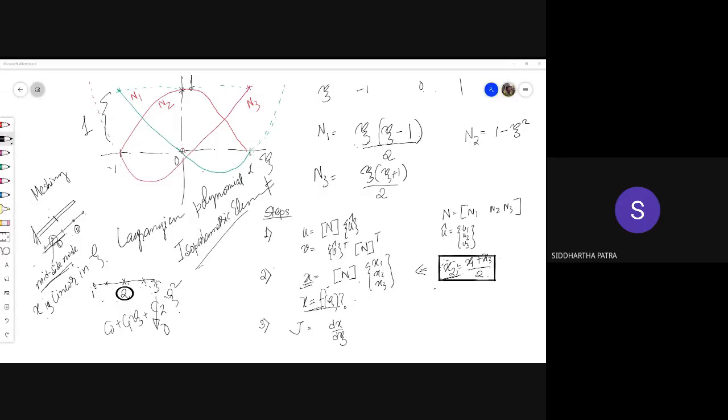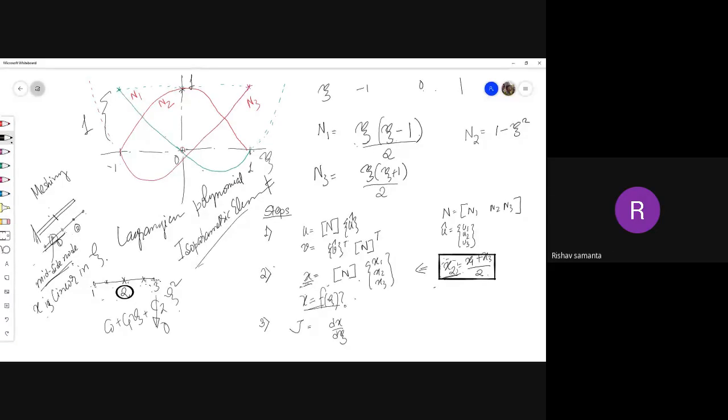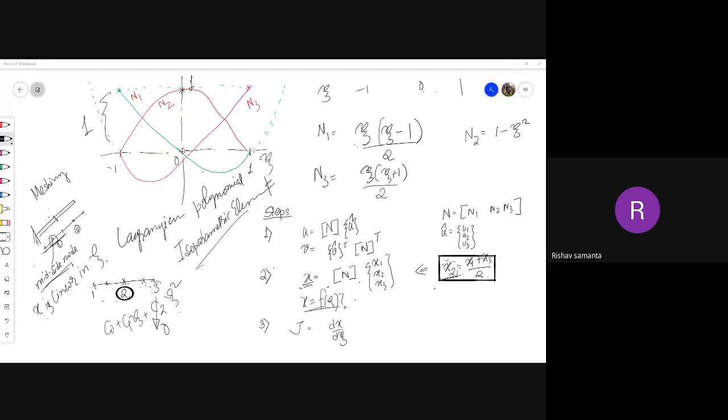Sir, xi into xi minus 1 by 2 plus 1 minus xi square by 2 into x1 plus xi into xi plus 1 by 2 plus 1 minus xi square by 2 into x3.